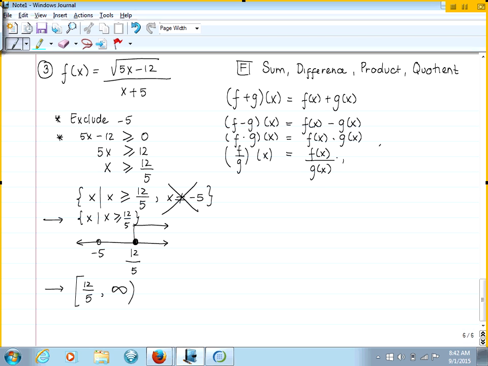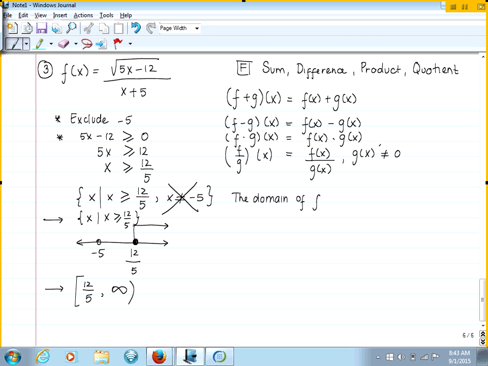Well, what happens here when you divide by g of x? We need to write down something. g of x cannot equal 0. Yes? Okay, now let's talk about the domain.